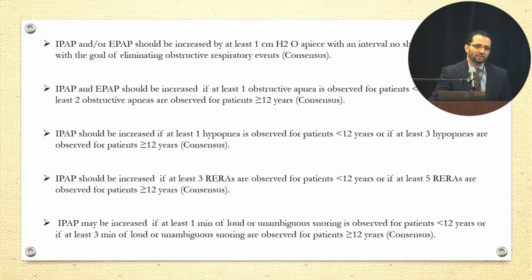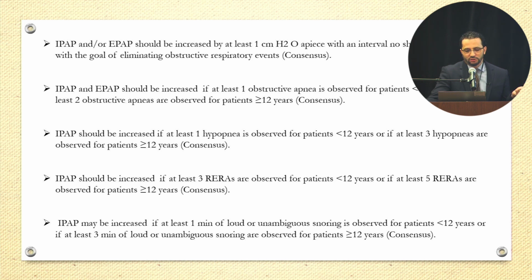If children or patients less than 12 years old show obstructive apneas, you want to increase the EPAP. But remember, you have a delta pressure of 4. So if you have IPAP 8/4 and the difference is 4, you can't just increase the EPAP. You have to increase them both. So you increase IPAP and EPAP for obstructive apnea: one obstructive apnea for children less than 12.